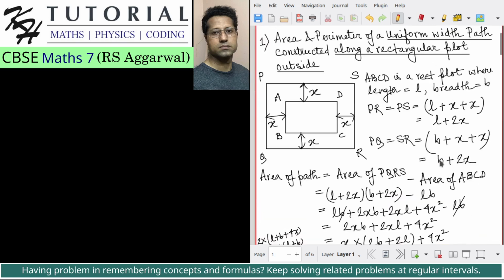In the next video I will discuss how to find the area of a figure which is made up of rectilinear figures that can be decomposed into rectangles and squares.